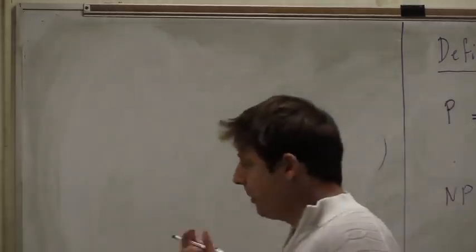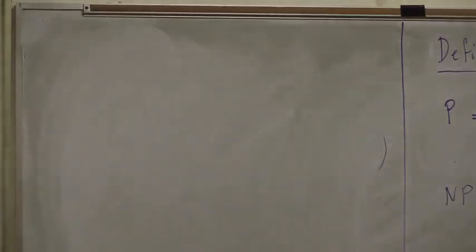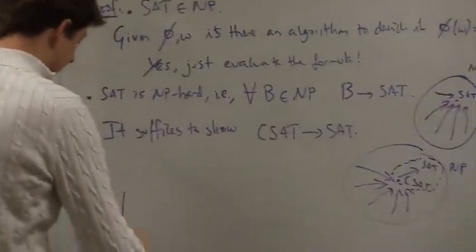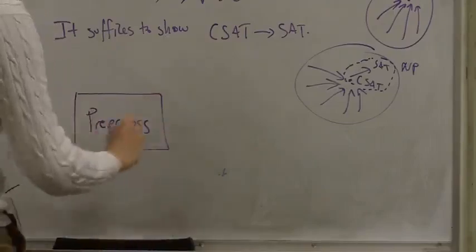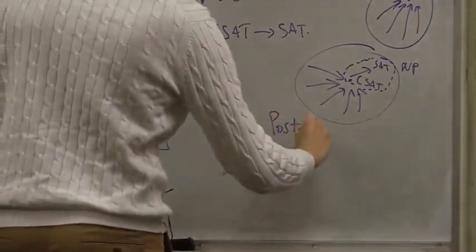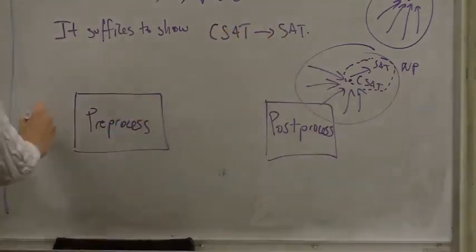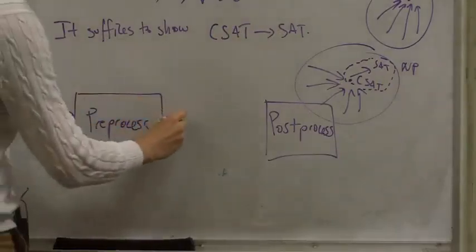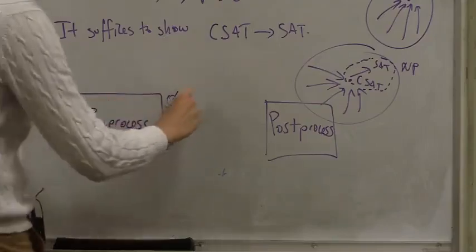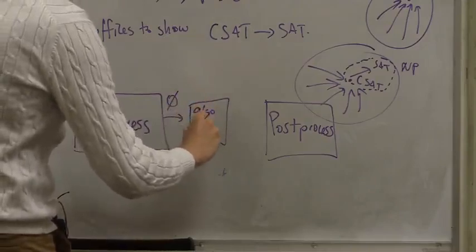All right, so let's at least understand what the difficulty is. What is it that we want to do? Remember, a reduction has a pre-process and a post-process. In this case, we're reducing CSAT to SAT. It means that the pre-process algorithm gets as input a Boolean circuit C. It has to spit out a Boolean formula phi. We pass this as an input to an algorithm for SAT.